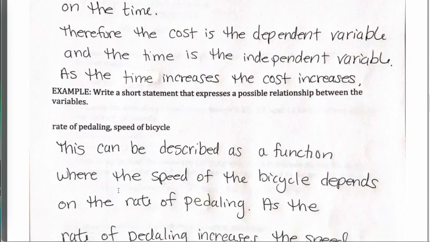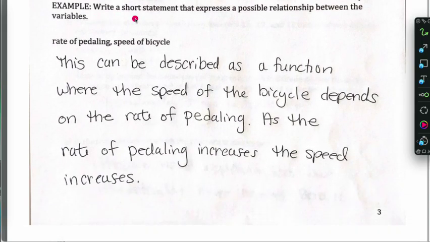Okay, let's look at the next example. Write a short statement that expresses a possible relationship between the variables. You have a rate of pedaling and the speed of a bicycle. So these are two variables. Which one relies on the other? The speed of the bicycle is going to depend on how fast you're pedaling. So the speed of the bicycle is going to be the dependent variable, and the rate of pedaling is going to be your independent variable.